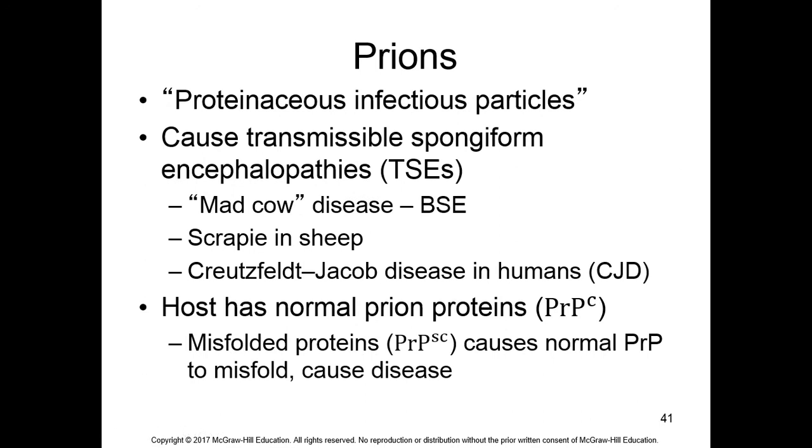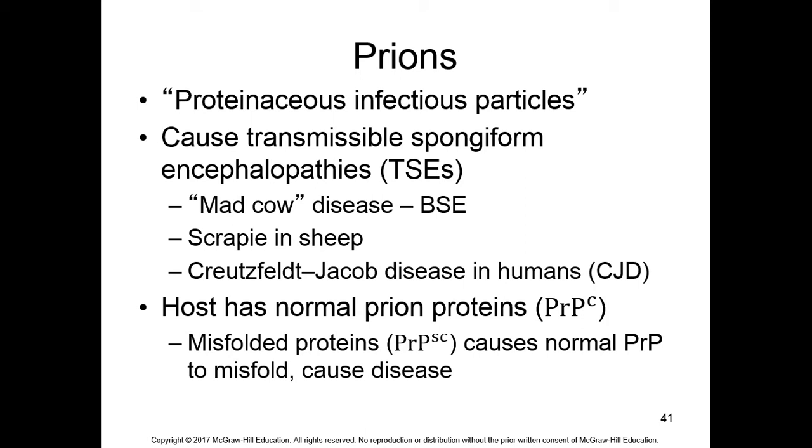Besides viruses, there is another term that we are hearing now: prions. Prions are basically abnormal proteins, or in particular, proteinaceous infectious particles. They cause transmissible spongiform encephalopathies, and both humans and animals can experience the disease.